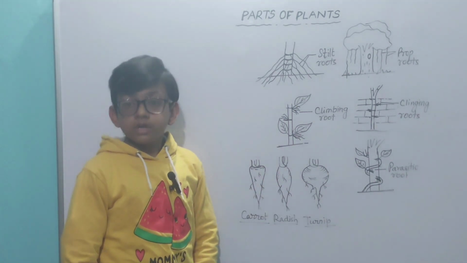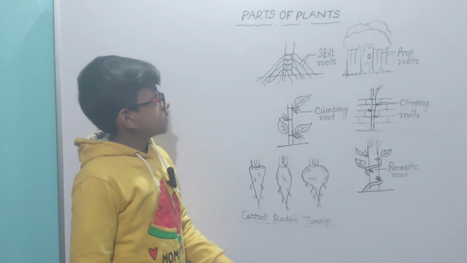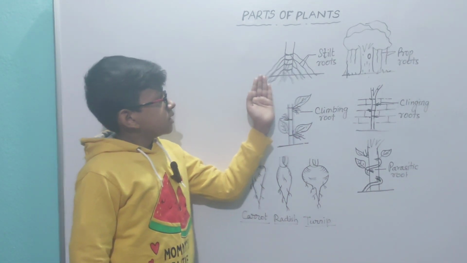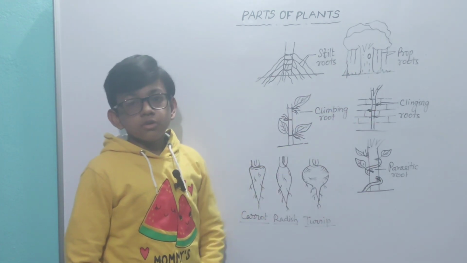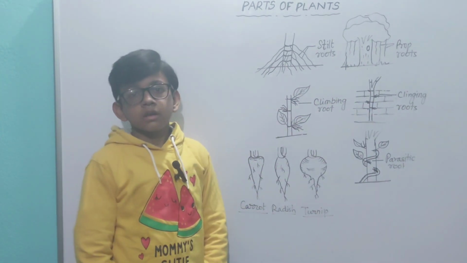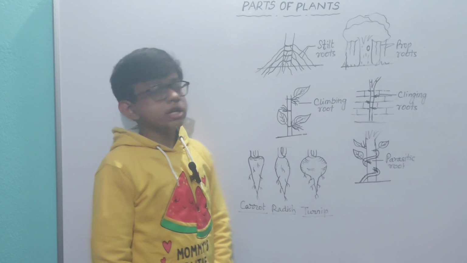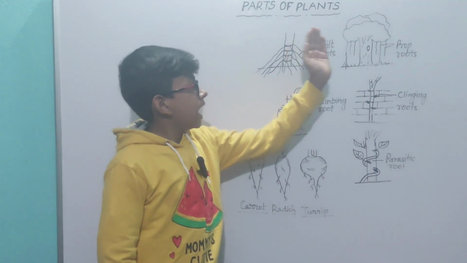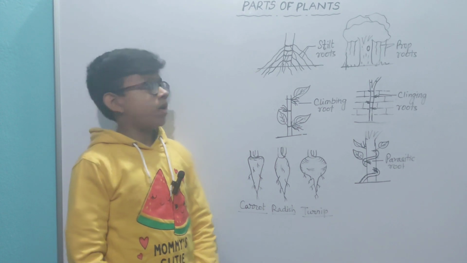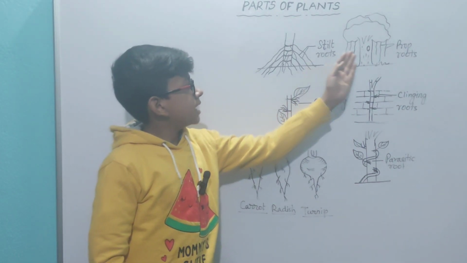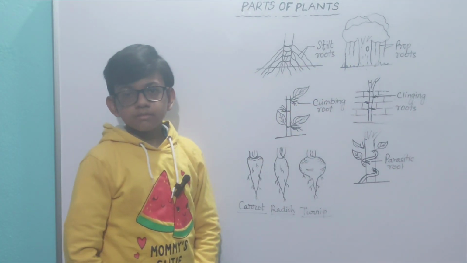Second, support. Some of the roots give external support to plant. Supporting roots are of mainly two types: stilt roots and prop roots.